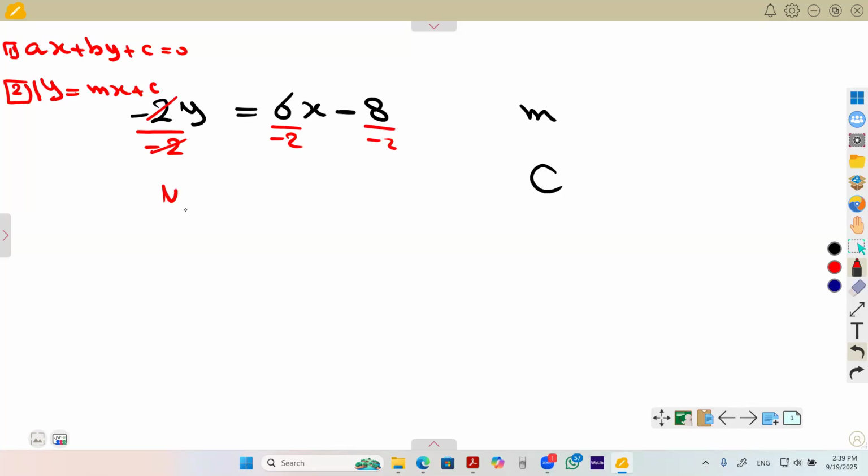So the y in this case will be what? Negative 3x minus negative 8 over negative 2.